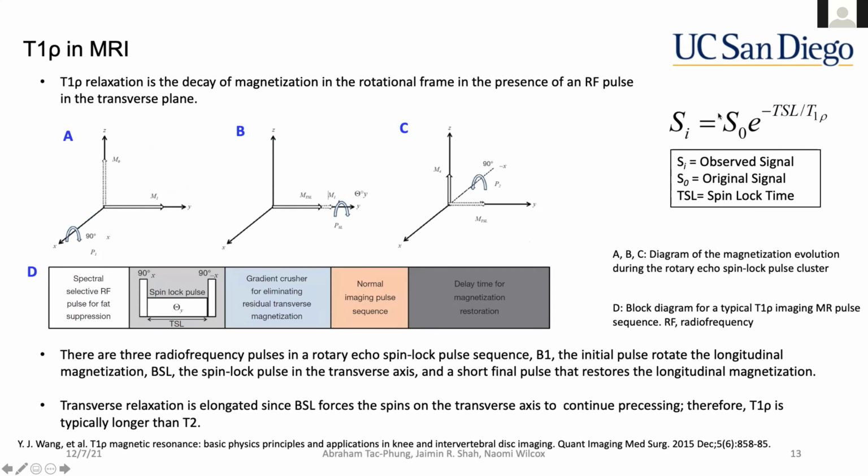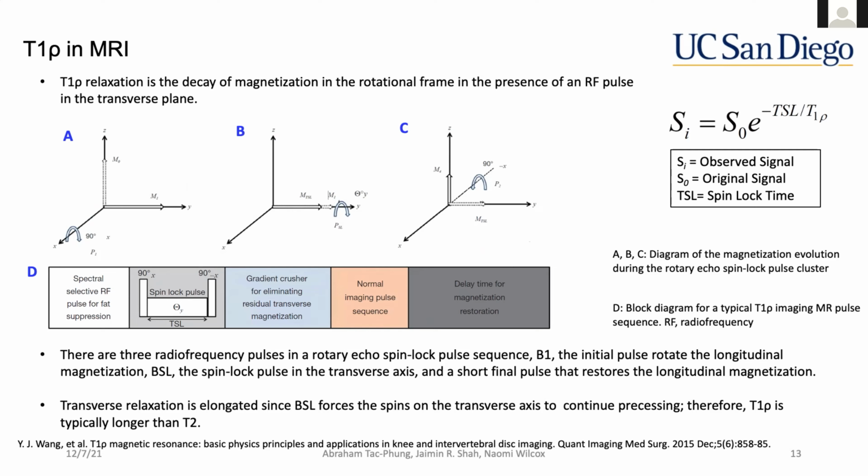Okay, so this is where I'll explain what T1 rho is in MRI. As opposed to conventional spin echo sequences, T1 rho involves first the magnetization on the longitudinal axis.